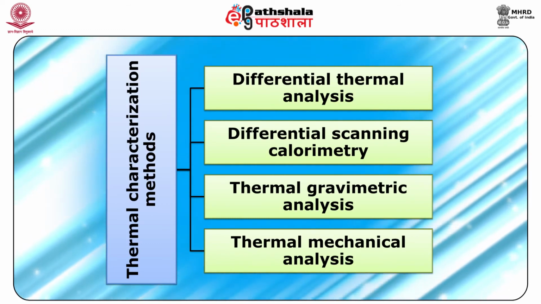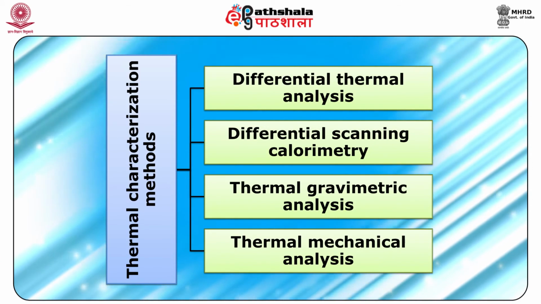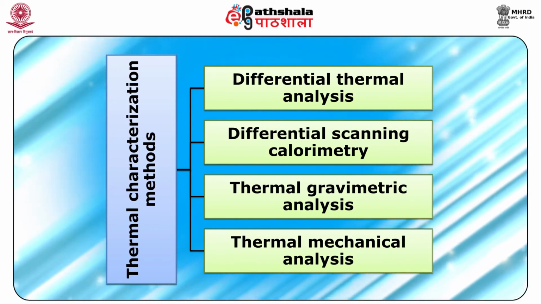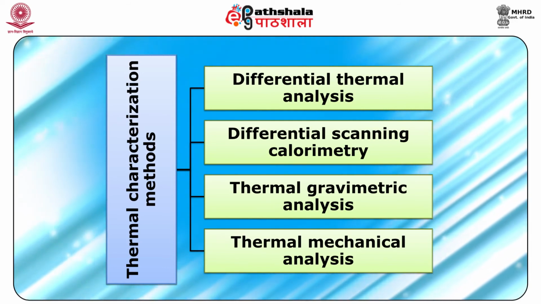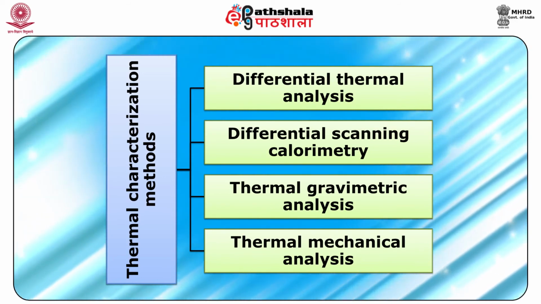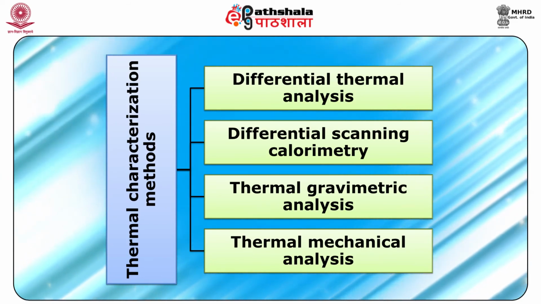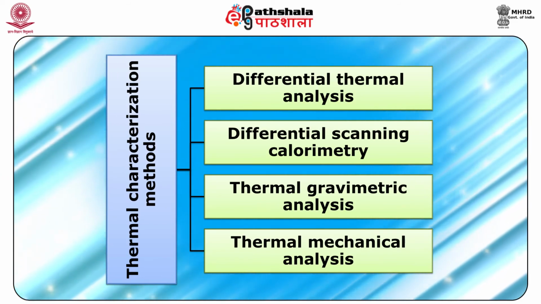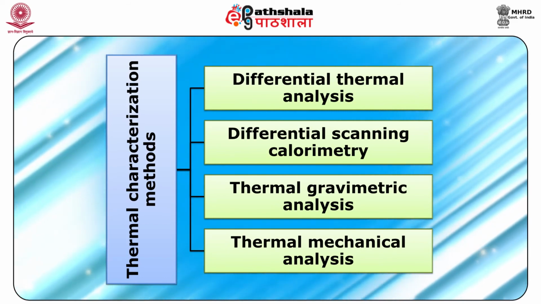The four thermal characterization methods are: first, differential thermal analysis or DTA. Second, differential scanning calorimetry or DSC. Third, thermal gravimetric analysis or TGA. And lastly, thermal mechanical analysis or TMA.